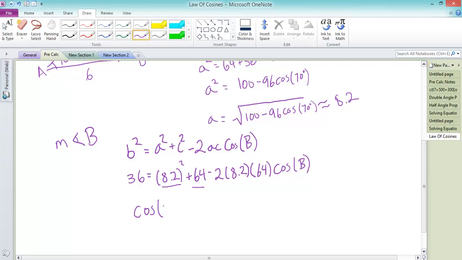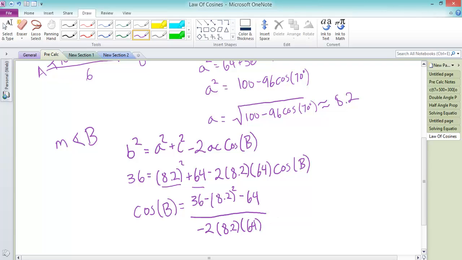We'll have the cosine of B is equal to 36 minus 8.2 squared minus 64, all divided by negative 2 times 8.2 times 8.